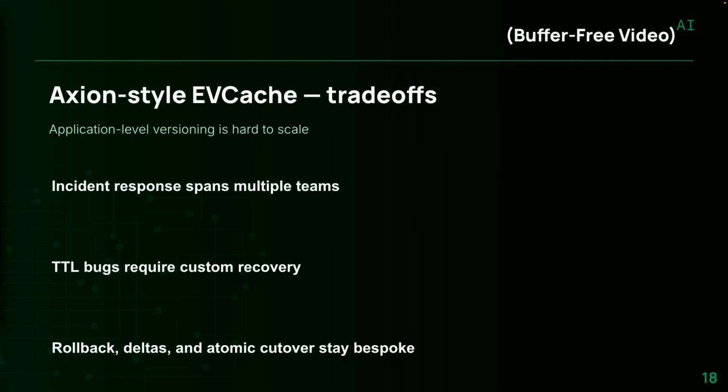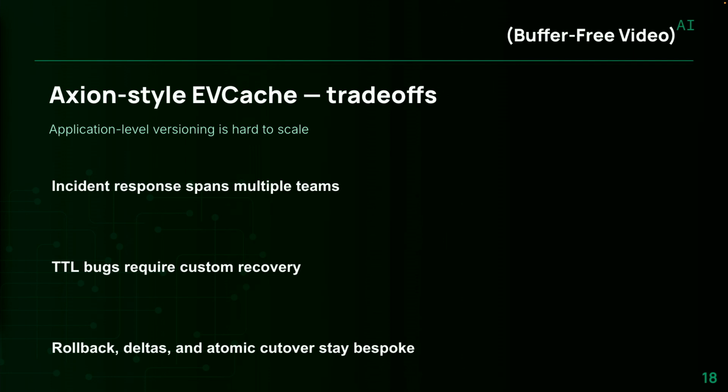This was an inspiration for the next architecture that William's going to talk about, where versioning is not an application level convention, but a platform default. And when versioning is laid as an application convention over a caching data store that does not support versioning, two things happen.